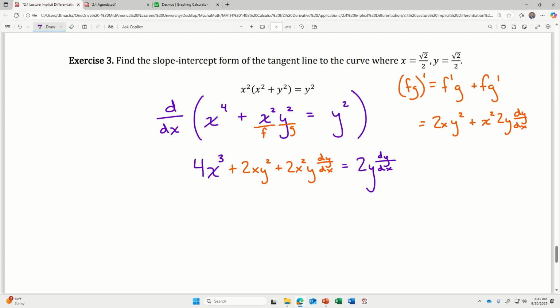Okay, so now we got to solve for dy dx, and so now take your equation and let's subtract from both sides the 2x squared y dy dx.